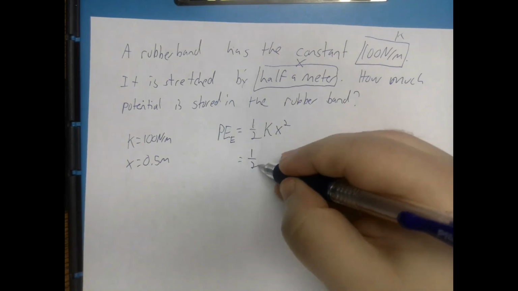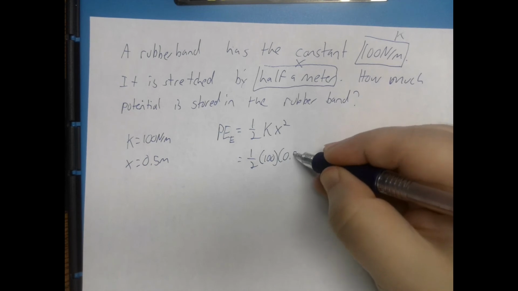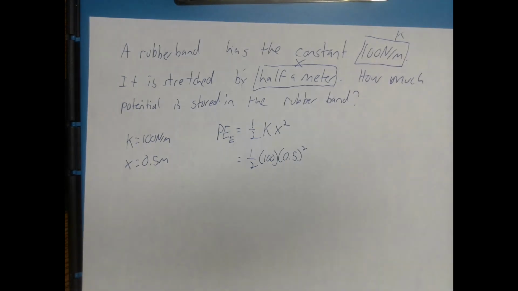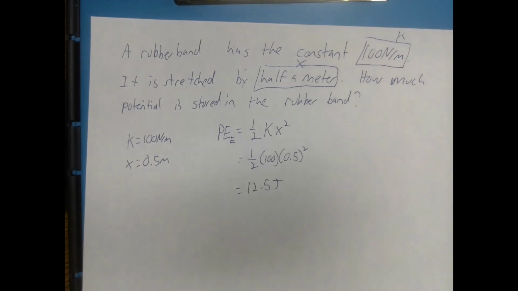So that'd be 1/2 times 100 times 0.5 squared. And so we get 12.5 joules. Yes, that's it.